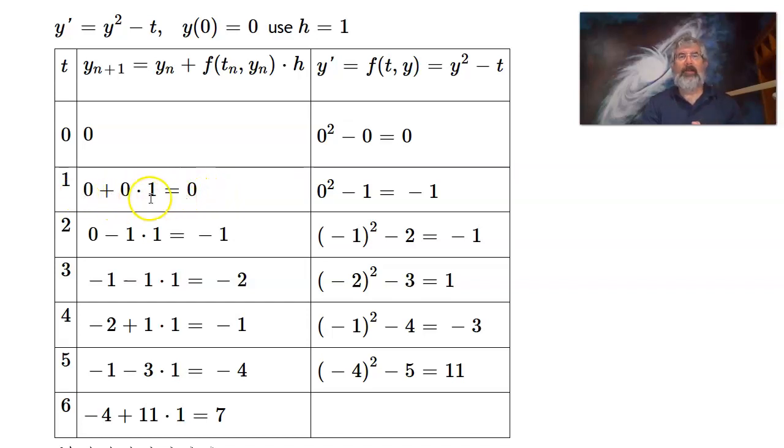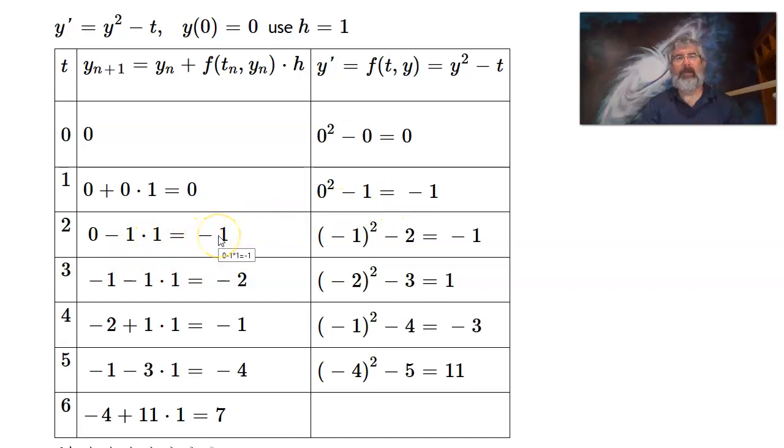I then use these coordinates, (1, 0), to calculate the slope at this new point, and that is negative 1, because that was y squared minus t, right? So that slope I'm going to use to get the next y value. The new t value is just to add on h, and for y I'm using 0 plus the slope, which is negative 1, times h, which is 1.